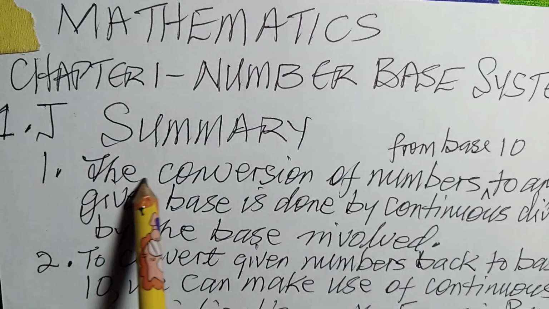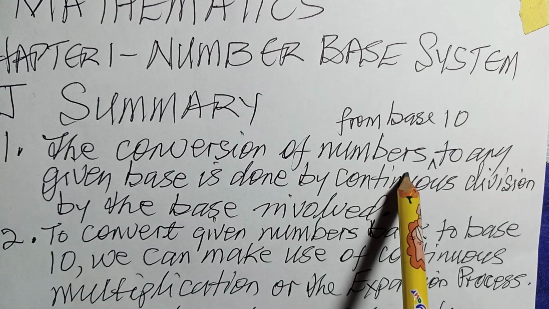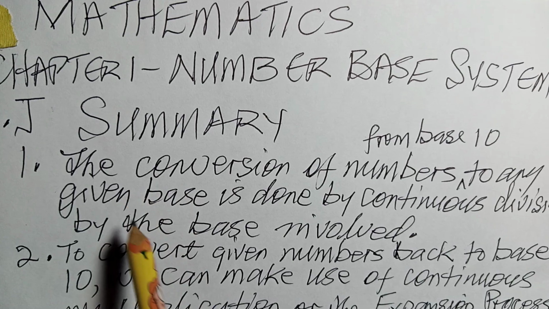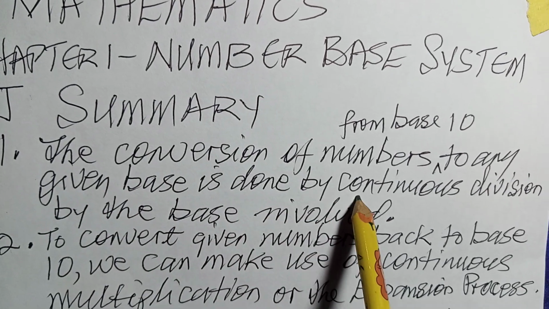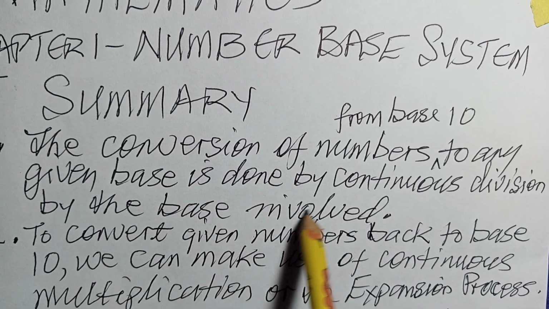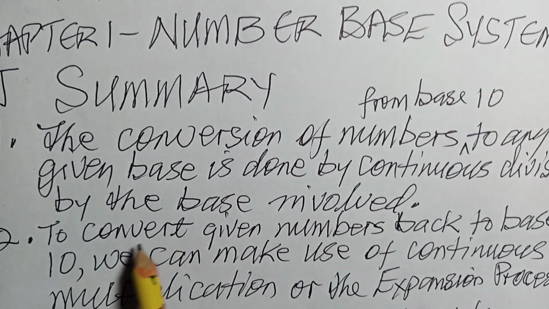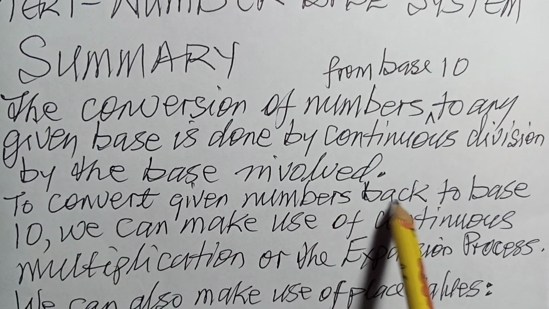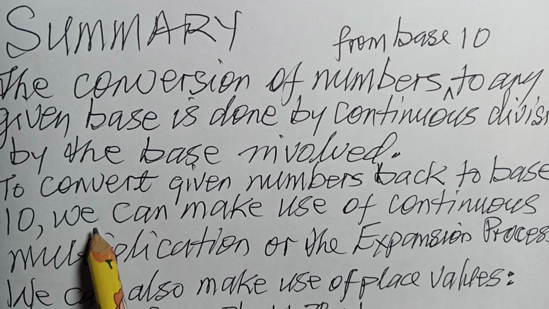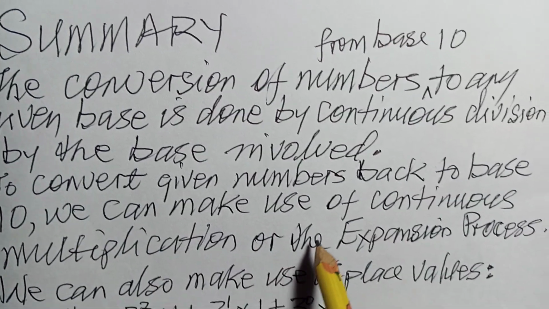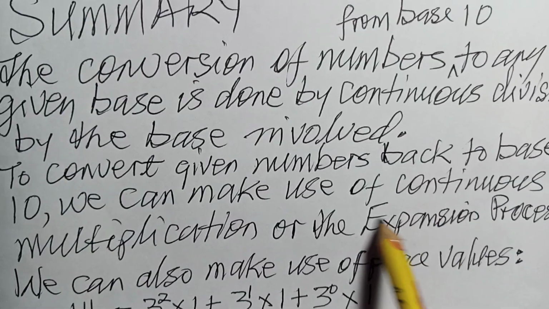Number 1, the conversion of numbers from base 10 to any given base is done by continuous division by the base involved. Number 2, to convert given numbers back to base 10, we can make use of continuous multiplication or the expansion process.